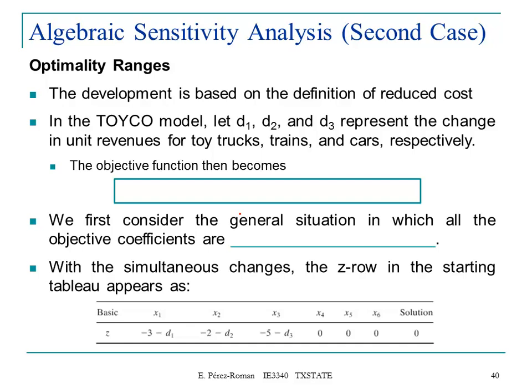We have the maximization of the objective function equals (3 plus D1) x1 plus (2 plus D2) x2 plus (5 plus D3) x3.